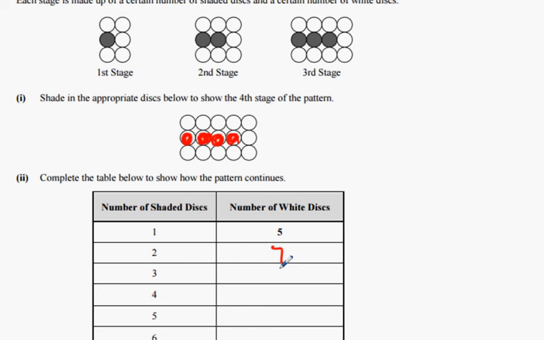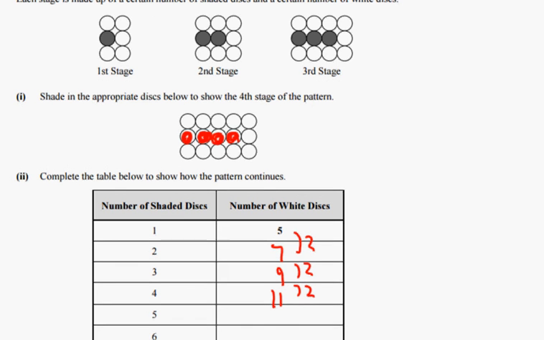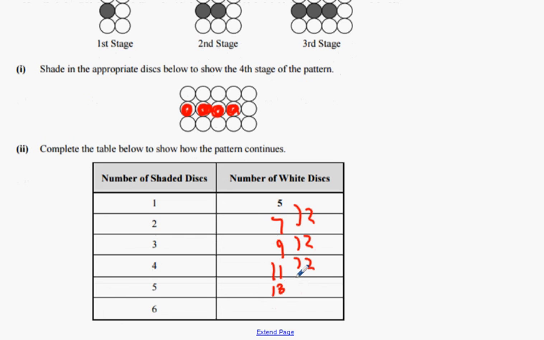Next one after that? 9. After that? Just goes up in 2s, doesn't it? What type of pattern is that, Aaron? When it goes up by the same amount each time? Ah, there we go. Linear pattern. That's handy, isn't it? Linear pattern.